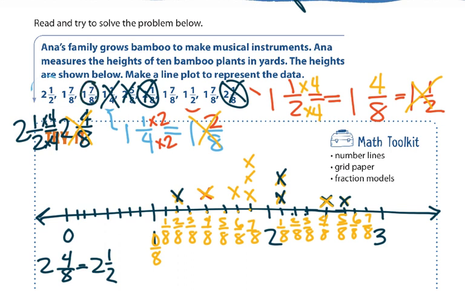How many do I have? 1, 2, 3. 1 7 eighths. 1 1/2 is 1 4 eighths. I have that one. Oh, look at this. There's the other one. Sneaker. 1 7 eighths is there. And 2 1/2.